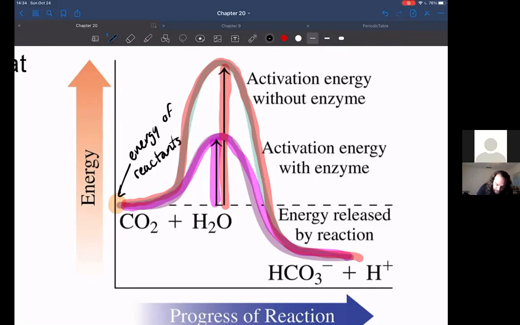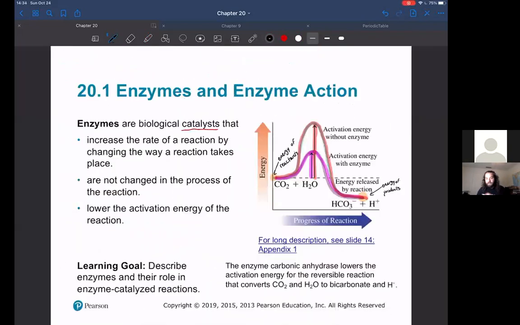Nor does it change the energy of the products, which would be the endpoint over here, the energy of products. So it doesn't change the energy of the reactants. It doesn't change the energy of the products. What it does is decrease the height of that activation energy barrier, allowing the reaction to happen fast. Okay. And again, by fast, I really mean in a timely manner for the cell.